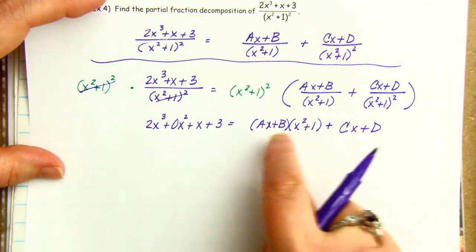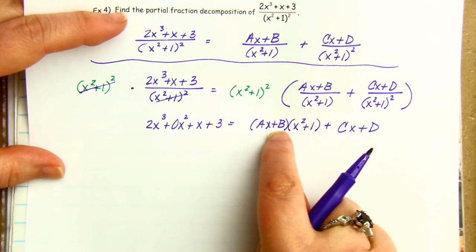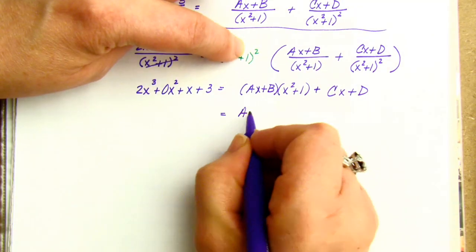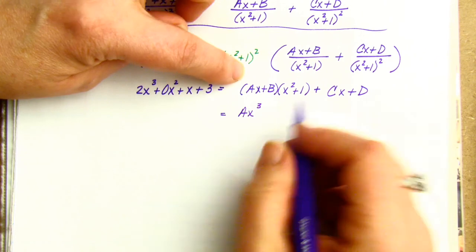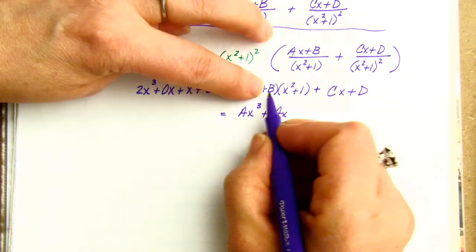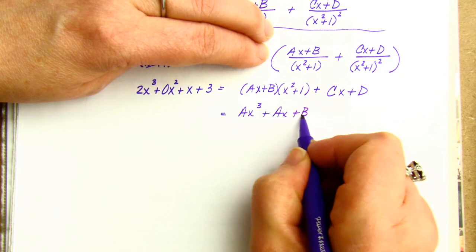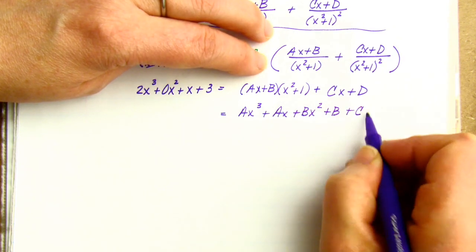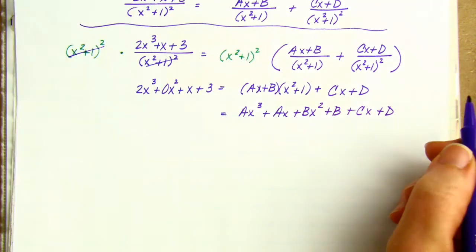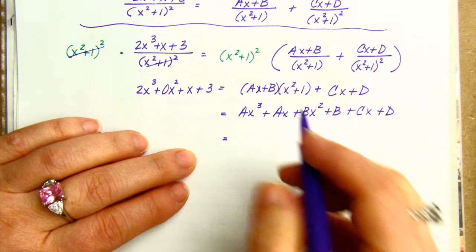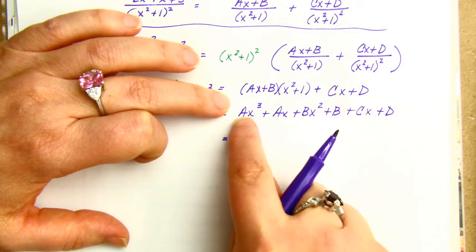I have to FOIL here. Ax cubed plus ax plus bx squared plus b plus cx plus d. I'm going to put in highest to lowest exponent order here. Notice there's only one cube.